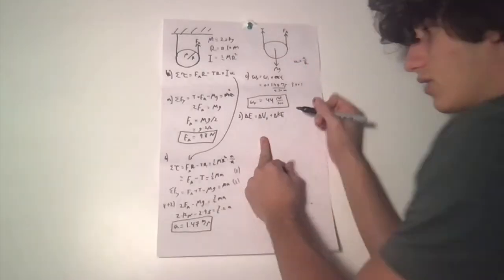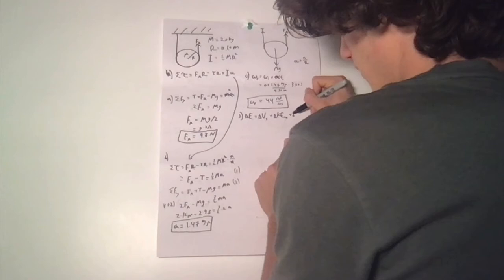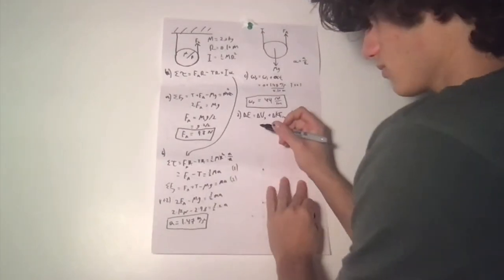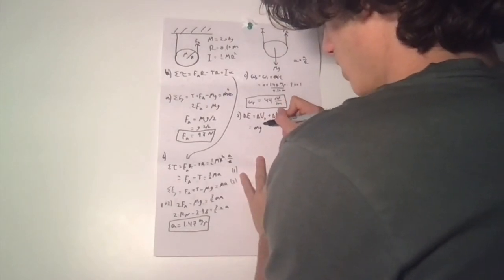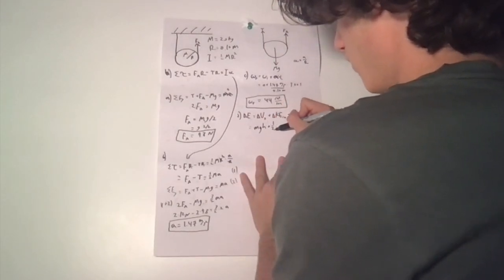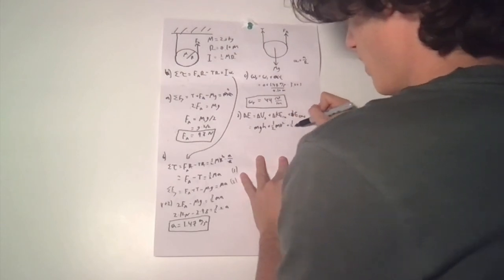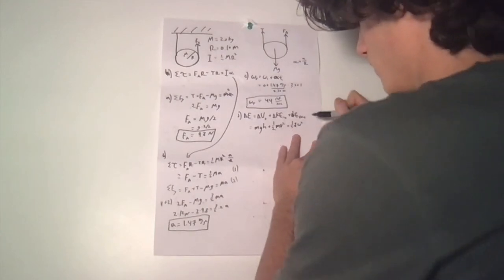But remember, kinetic energy of rotational plus kinetic energy of translational. So we know this is mgh plus 1/2 mv squared plus 1/2 I w squared.